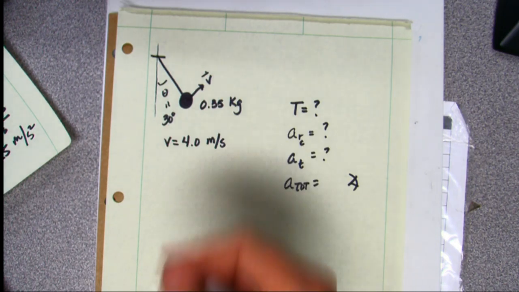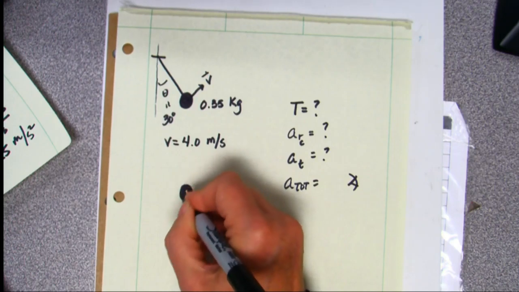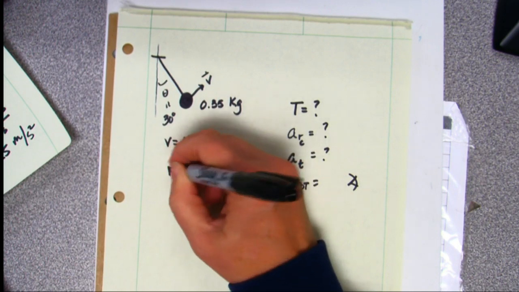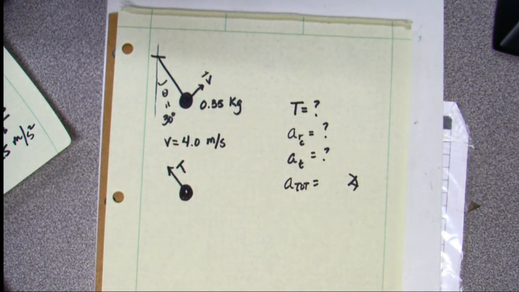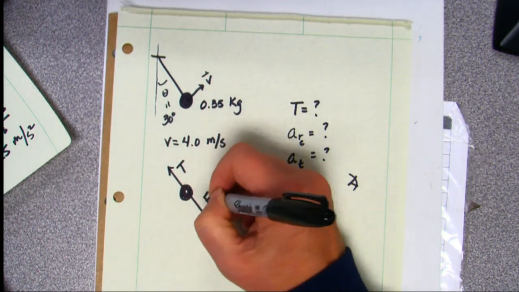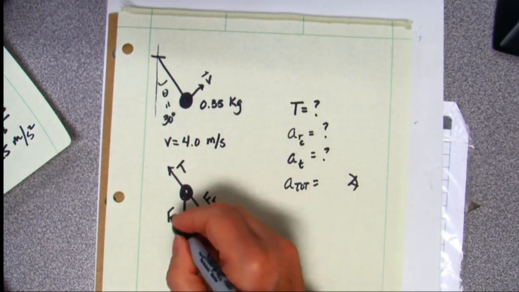So first thing we got to do is look at what's happening to our object here. Okay? So I'm going to have tension in the string, which is going to give me a force that's radial, because my other force that I have in here is the force due to gravity.